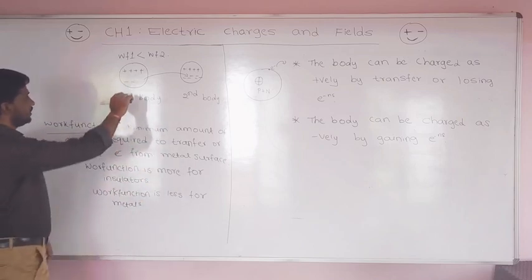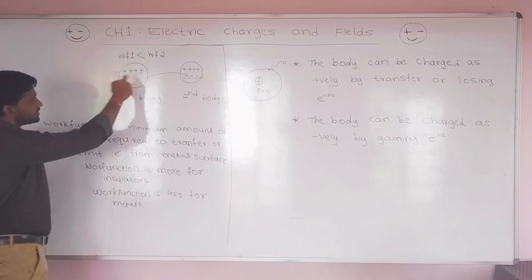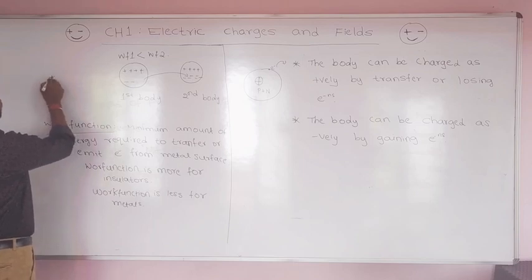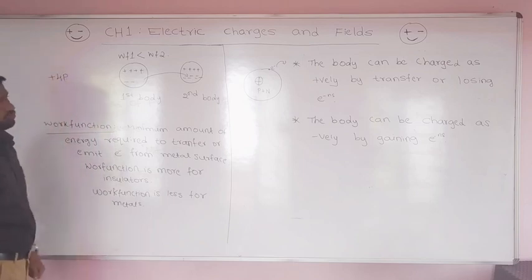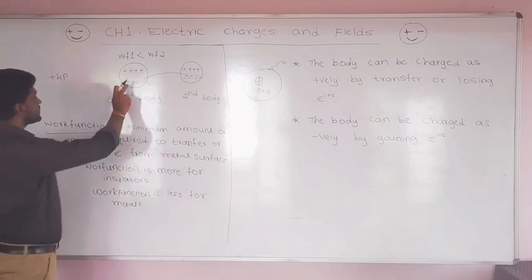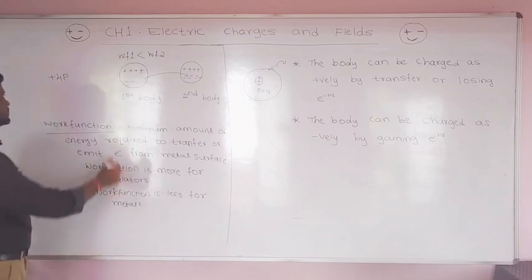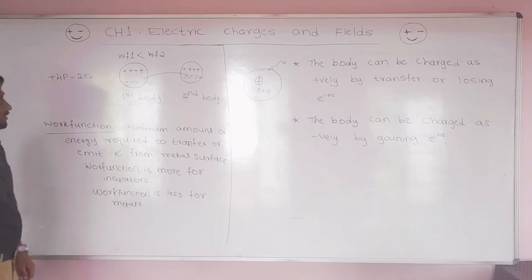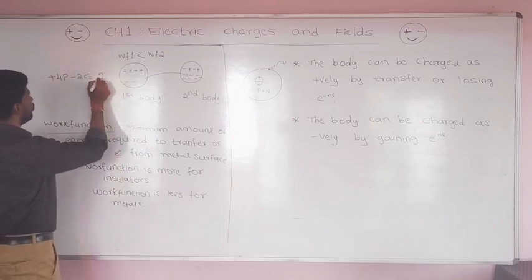In the first body, by calculation, there are 4 positive charges, that is 4 protons, and 2 electrons, which are negatively charged, so minus 2. So the net charge on the first body is plus 4 minus 2, that is 2 protons.